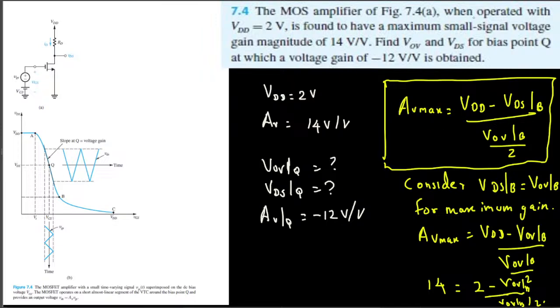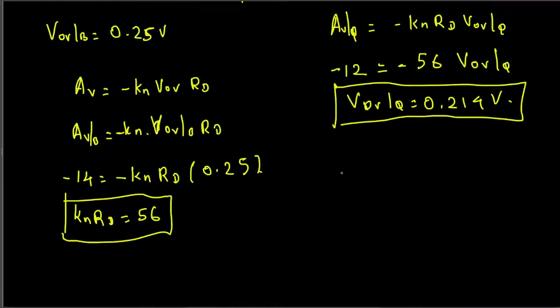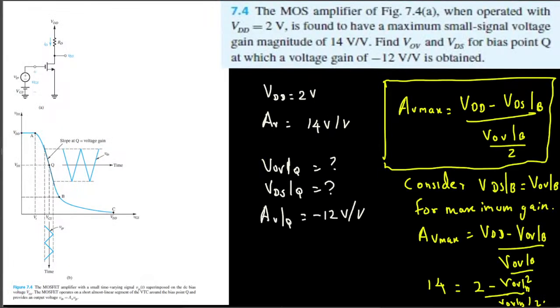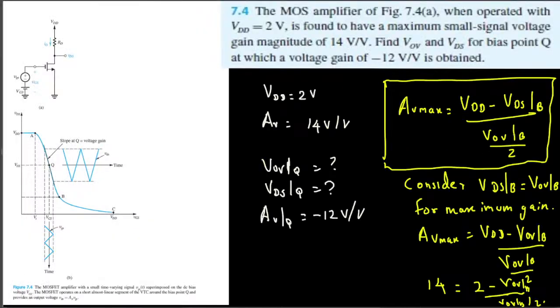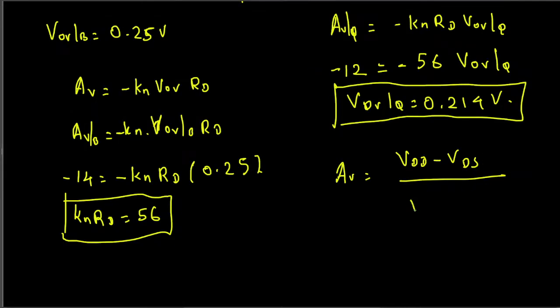So AV is equal to VDD minus VDS divided by the overdrive voltage at Q divided by 2, and here we use the gain at Q, which we know to be minus 12.